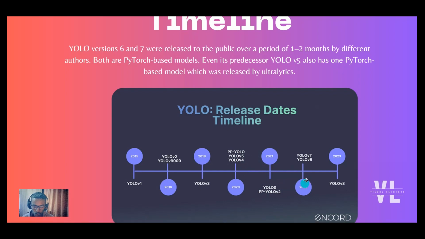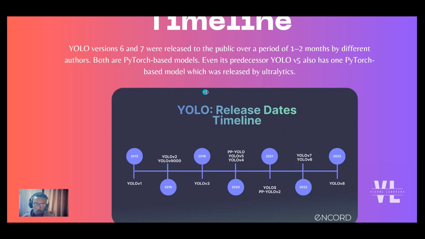In 2022, we have the new versions YOLO V6 and YOLO V7. YOLO V7 was released by the same author as YOLO V4, and YOLO V6 was released by Baidu, and there were multiple versions of YOLO V6 which were released by different entities. And finally, we arrive at the new model YOLO V8, which was released in 2023.